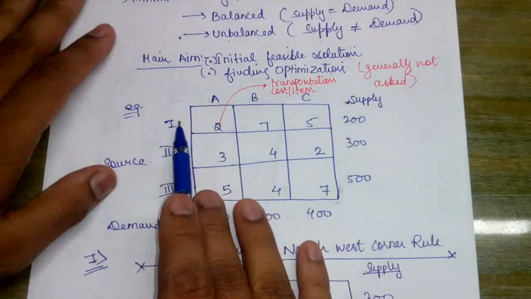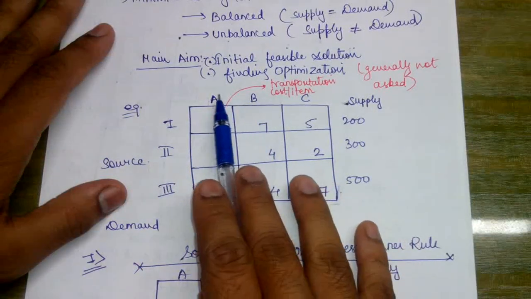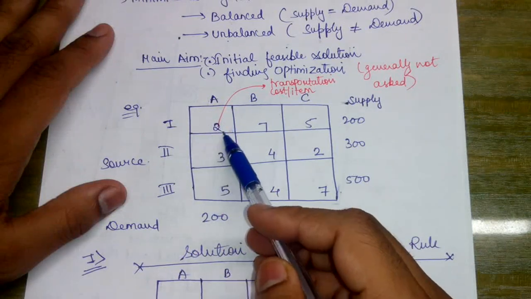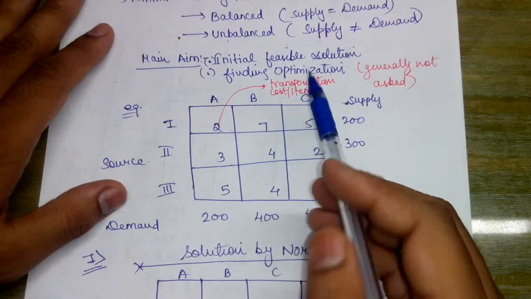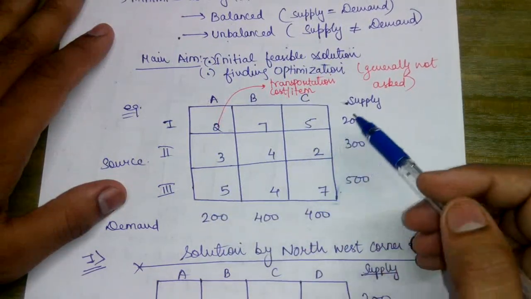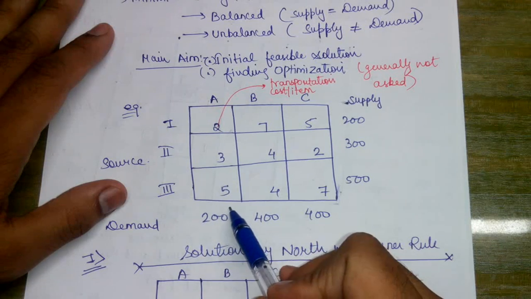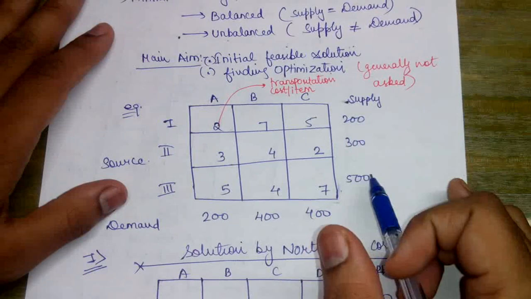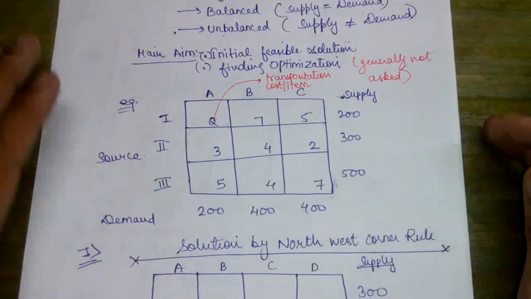Here we have three sources, 1, 2 and 3, and these are the destinations A, B and C. The elements written inside these cells correspond to the transportation cost per item. Here 200 is given, meaning the demand is 200. Demands are on this side and supply is on this side.